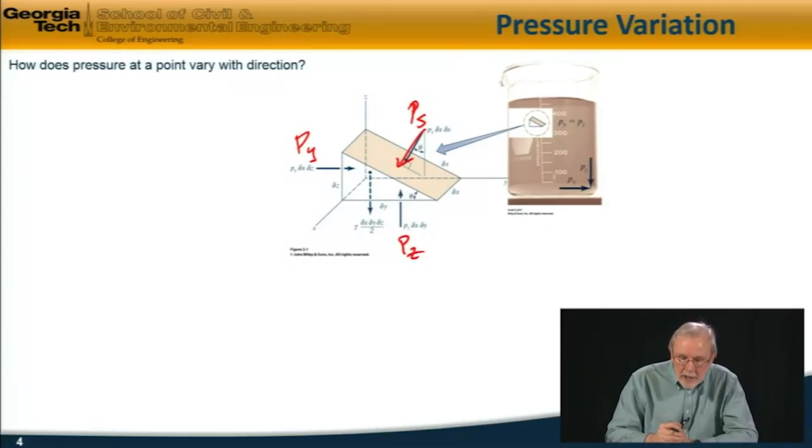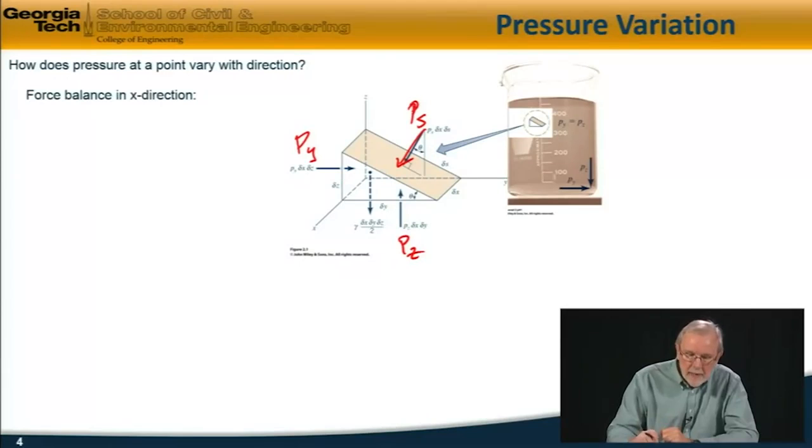The dimensions of this element are delta z in the z direction, delta x in the x direction, and delta y in the y direction. The length of the sloping face is delta s, and the angle of this sloping plane to the horizontal is theta.